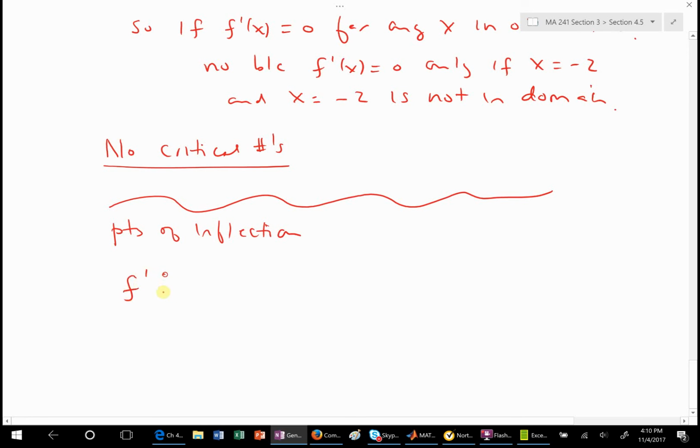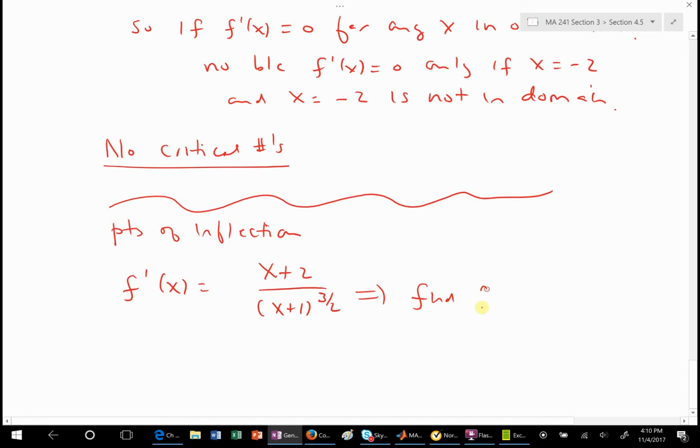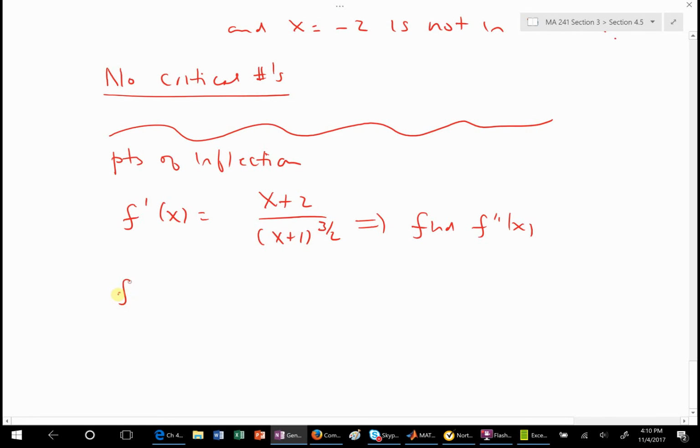So I know what the first derivative is. It's x plus 2 over x plus 1 to the 3/2. So now I'm just going to take the second derivative. And again, just use the quotient rule. So I'm going to have x plus 1 to the 3/2 minus x plus 2, and then I'm going to use the power law on the denominator.